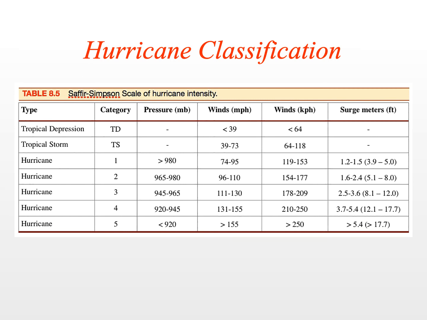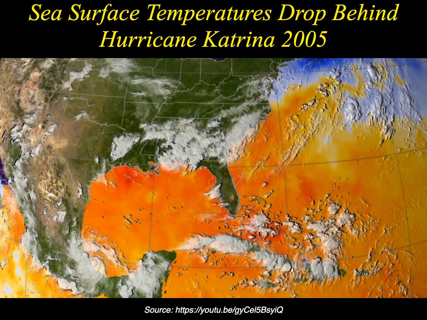And associated with the various categories, there's also information on the pressure. What is the atmospheric pressure range for Category 1, 2, 3, 4, and 5? So you can see for 5, the pressure at the eye drops to below 920 millibars.